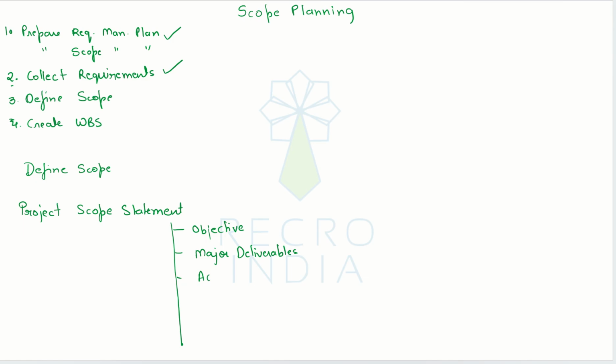For these deliverables, we should also have a clear-cut quantitative list of acceptance criteria or success criteria, that will ensure that there is no ambiguity in respect of getting the acceptance on these deliverables as and when they are completed.